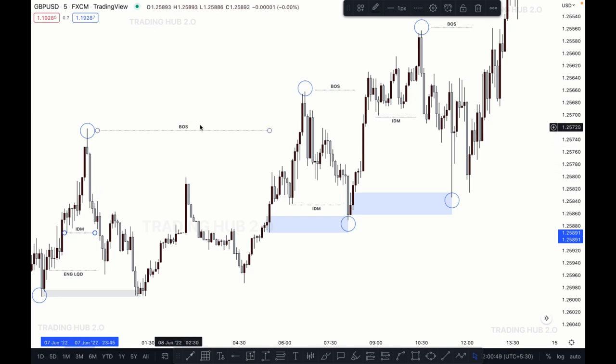So after breaking this structure, you can see again the market must take out the first low and then tap on this demand, this order block, and push higher. Again the market breaks the structure, takes out the first low, which acts like an inducement, taps on the extreme order block and pushes higher.